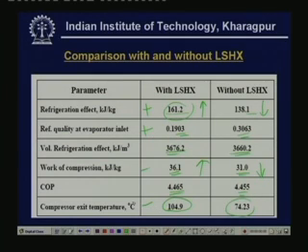Okay. So, when you are using liquid suction heat exchanger, particularly for R22 systems, there are some benefits and there are some disadvantages. Okay. So, ultimately depending upon your requirement, one has to decide whether liquid suction heat exchanger is required or not. Okay. And one thing I would like to point out here is that the results or the trends may not be same for all the refrigerants. It may vary from refrigerant to refrigerant.